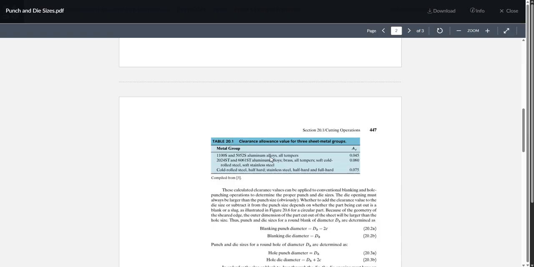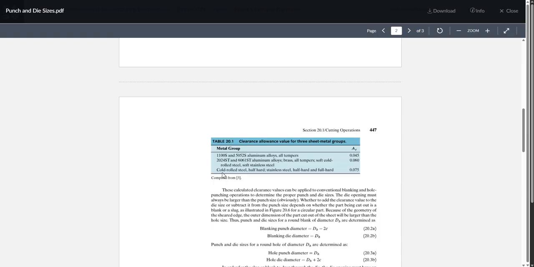Depending on the material, for example, the aluminum alloys, all tempers, is going to have the value of 0.045. If I'm going for the harder materials, soft cold rolled steel or stainless steel, which is harder than the aluminum, we can simply have the value to be 0.06.